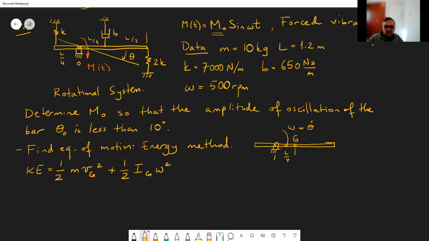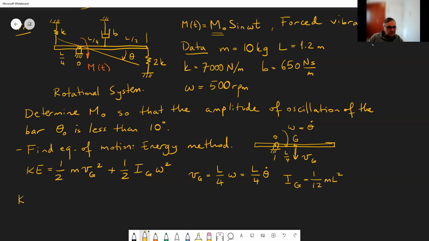The velocity of the mass center is dependent on theta, since this is constrained. Vg is equal to L over 4 times omega, which is L over 4 times theta dot. Ig is 1 over 12 mL squared, as you might know.